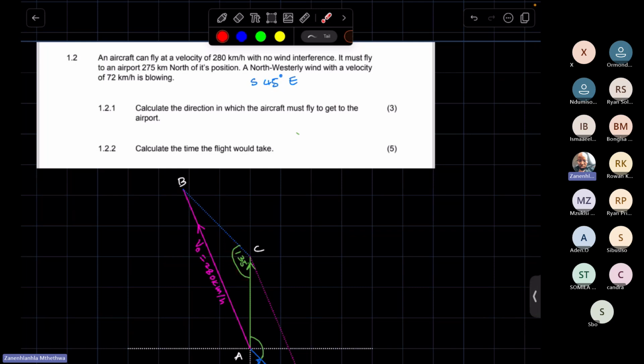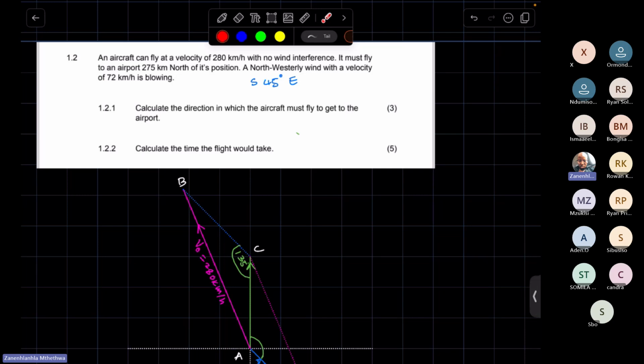So here we won't be able to use the cosine rule, because if you look at this angle, it is between this vector. We know this vector, it's 72 kilometers per hour, but we do not know this one. So this is between two sides of which we do not necessarily know the magnitude of one. Hence, it is not an included angle.